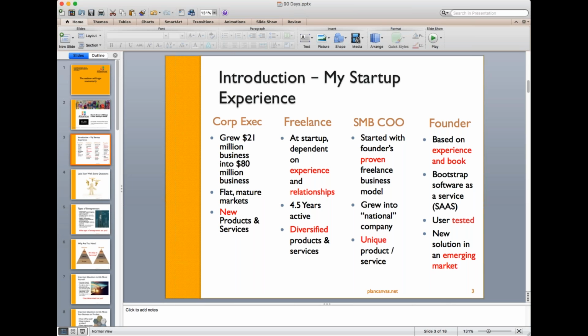So Plan Canvas is really all about not just planning your business, but strategically managing your business and executing to those plans. And that represents kind of a new set of tools in an emerging market of strategy to execution management. So I highlighted several words on this particular screen because you're going to see them occur again throughout the webinar.